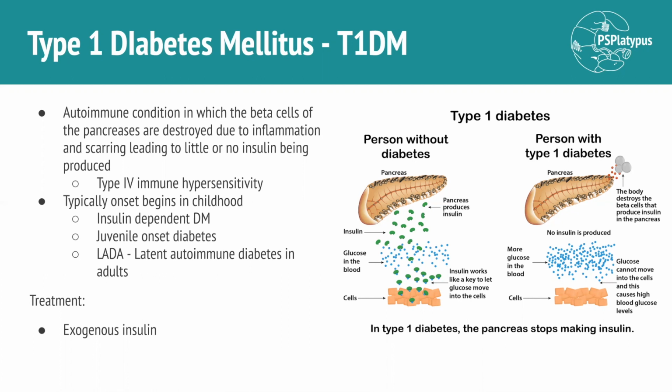In terms of treatment, as there is no insulin production and there is no problem with cells responding to insulin, the treatment regime is to provide exogenous insulin, often via injections, to cause the body to take up sugar from the blood.